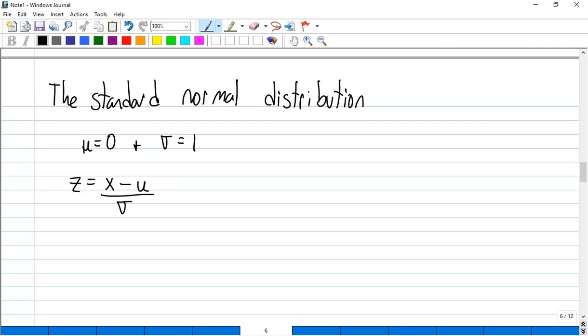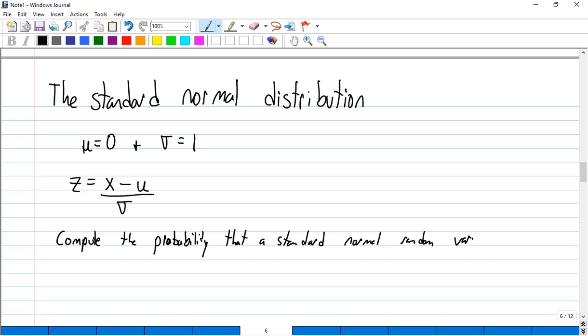All right, the first example, and this one is also in your PowerPoint, says compute the probability that a standard normal random variable is less than 1.27.